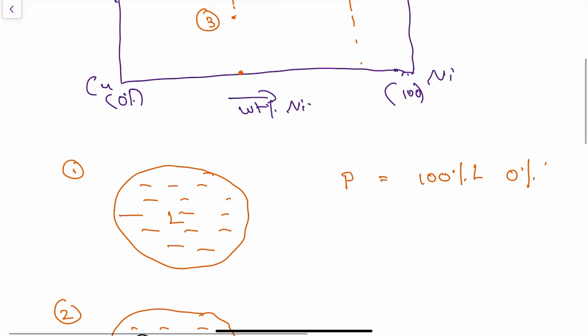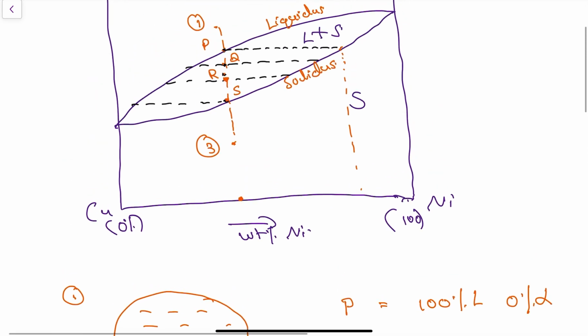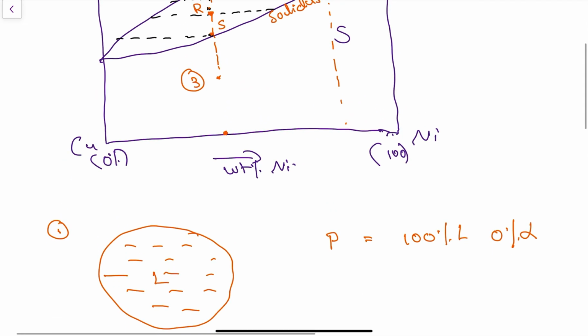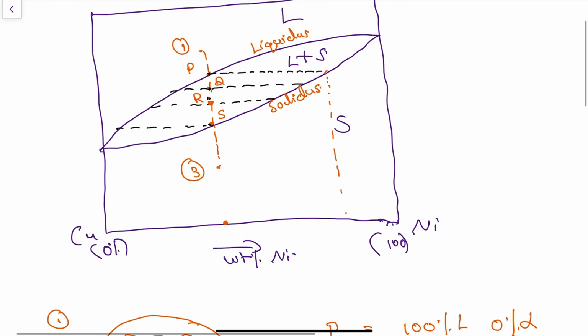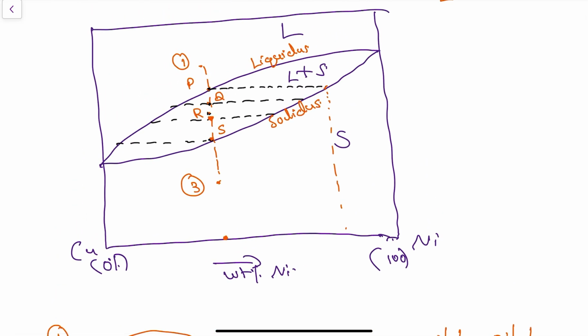0 percent alpha. But if you take a point Q here, this will give you the fraction of liquid, and this will give you the fraction of alpha.